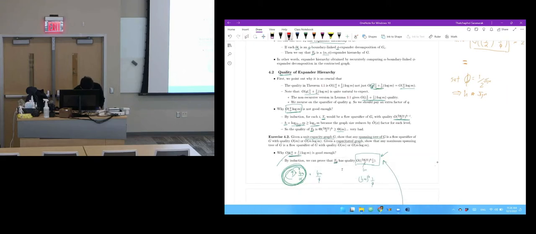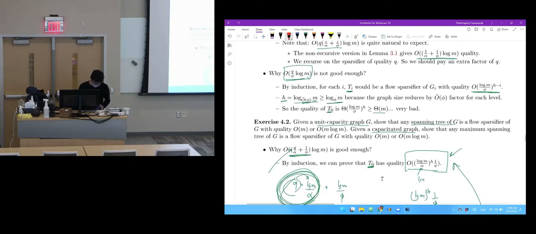Okay. This is why is it easy to get the tree flow specifier with bad quality, like with M quality? Let's see.